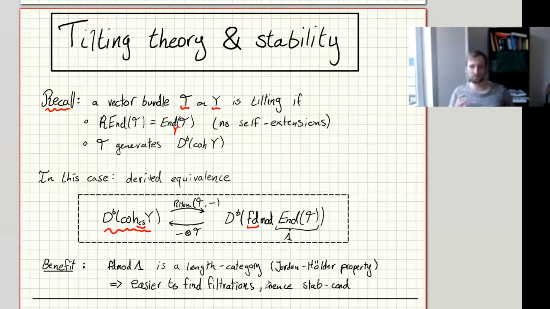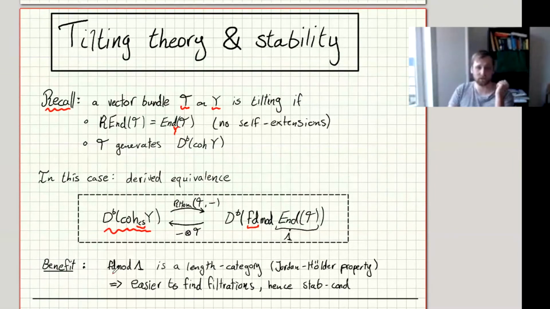And there's a few benefits to working with these non-commutative rings. For one, there's just more techniques that apply to non-commutative rings. But there's also some intrinsic property of module categories or rings that are very useful, especially for stability conditions.